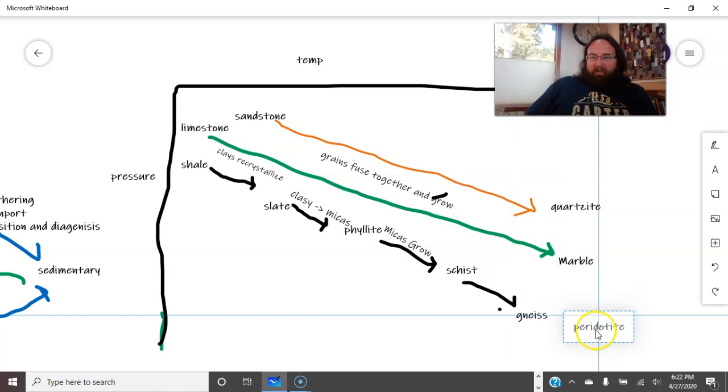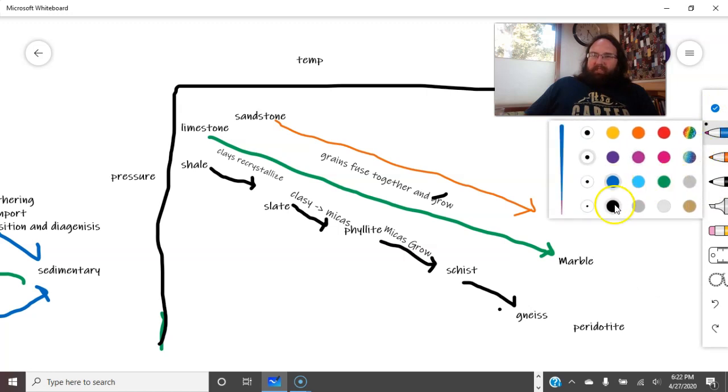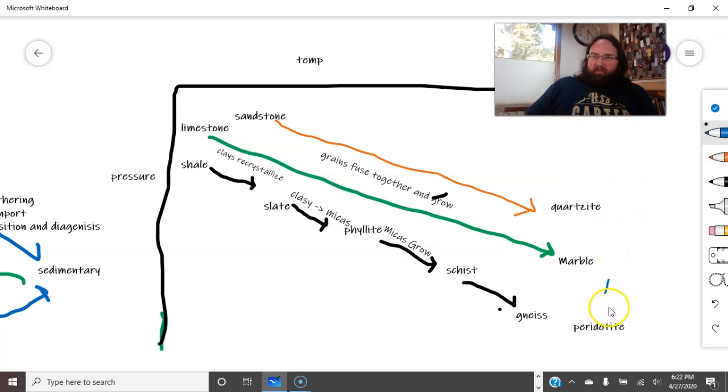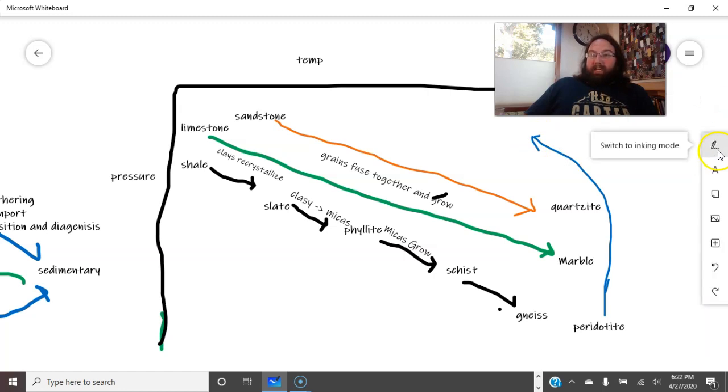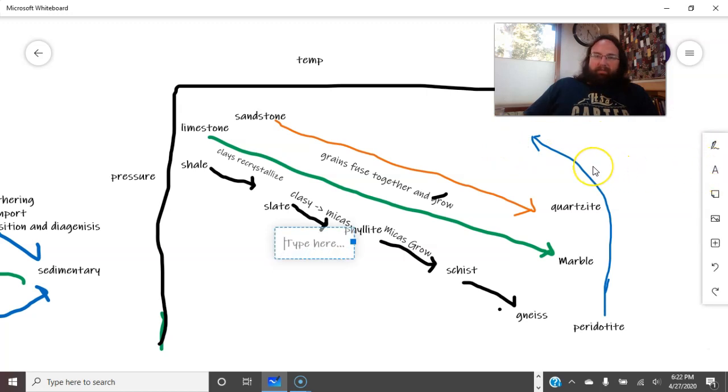Peridotite then undergoes something called retrograde metamorphism, where as it's brought up to the surface and it interacts with fluid, it reverses, it metamorphoses into lighter minerals, and you get the California state rock, which is serpentine.